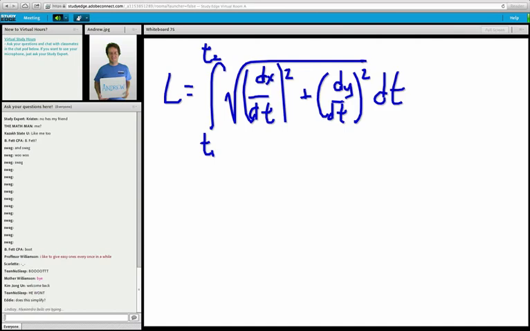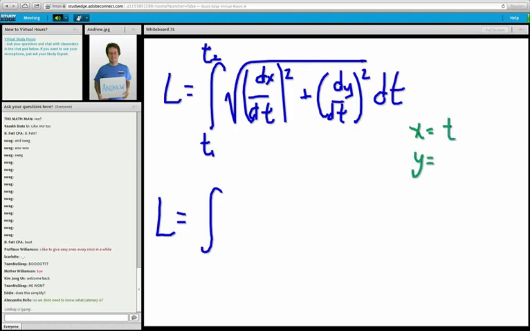So, does this simplify? Yes, it does. We get L equals, for our function, what we're going to do is we're going to use the parameterization. Let's do it in green. X equals t. Y equals, what was it? 1 over a, is it a times something? A cosh x, a cosh t over a.